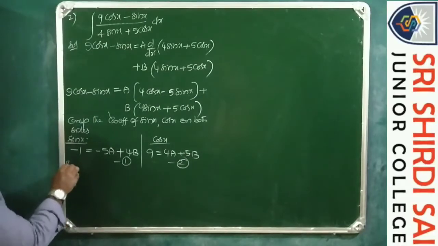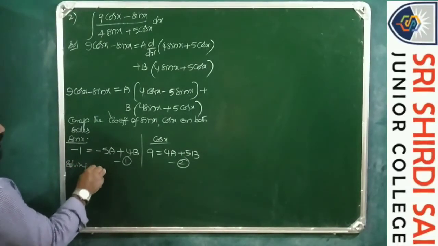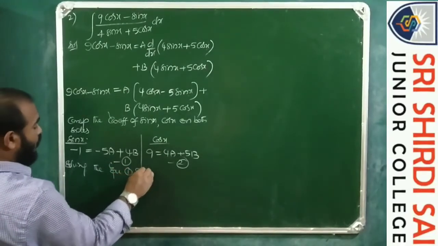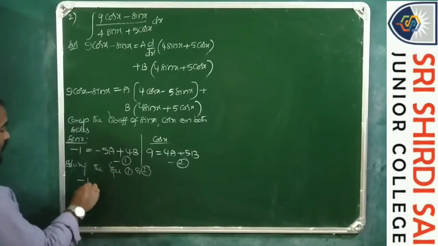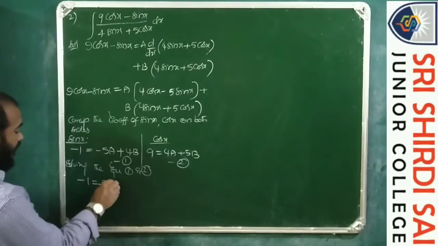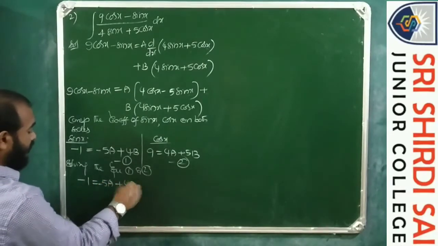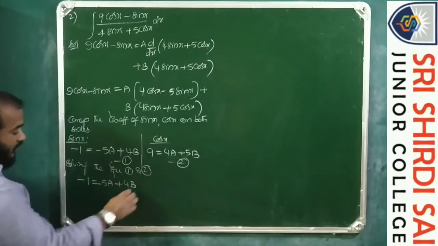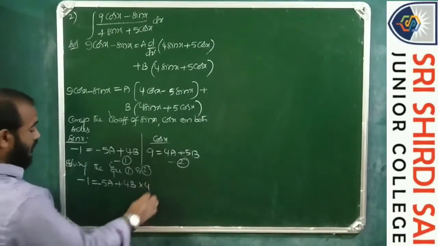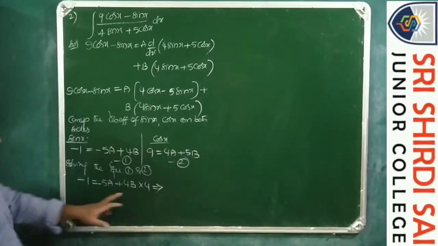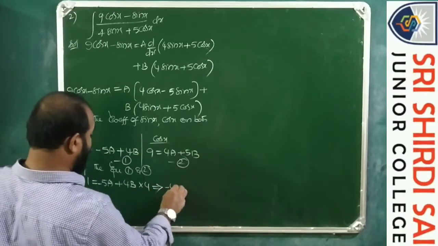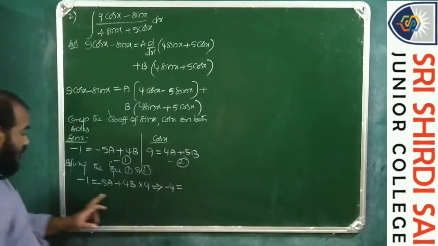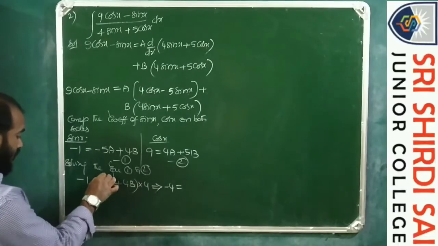So solving the simultaneous equations 1 and 2. Minus 1 is equals to minus 5a plus 4b. So this I will multiply with the 4. Then we will get 4 into minus 1, so minus 4 is equals to 4 into this.